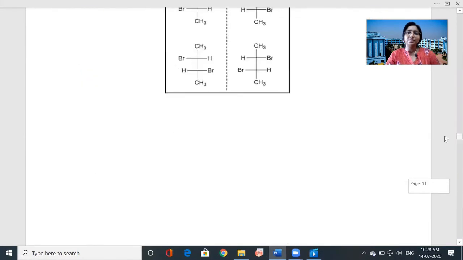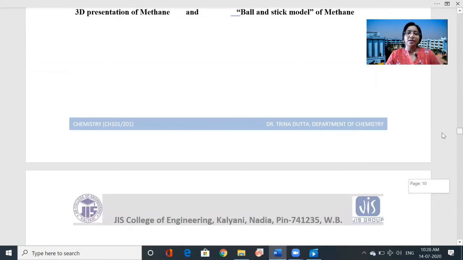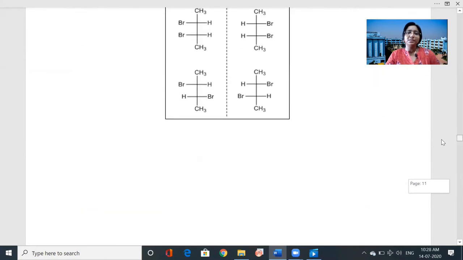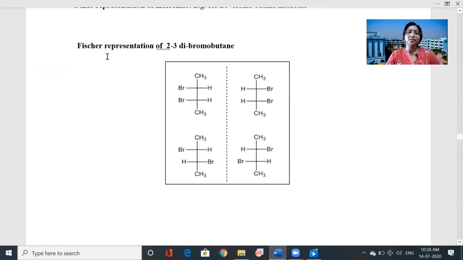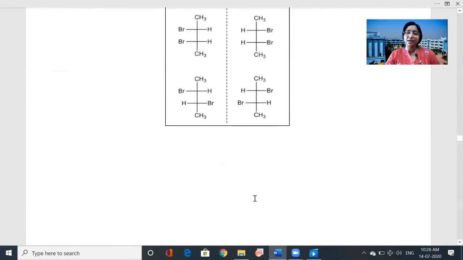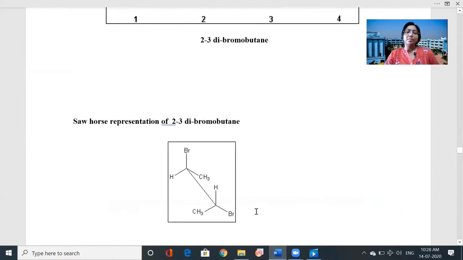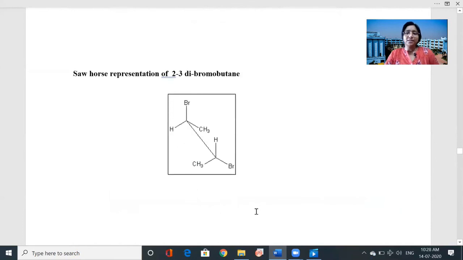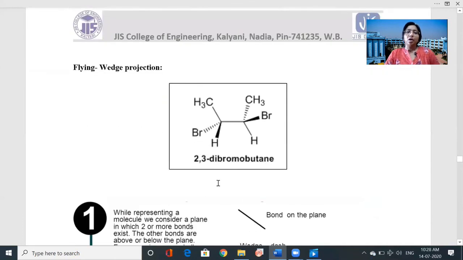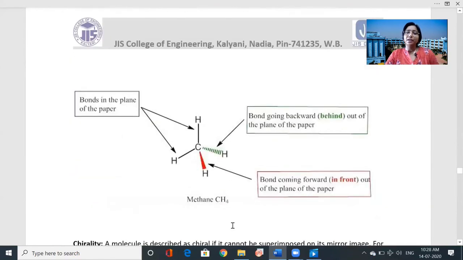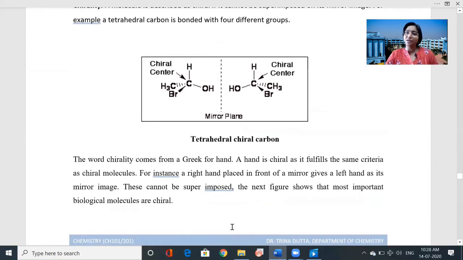You have learned the Fischer representation, the Newman representation, the Sawhorse representation, and also the flying wedge projection. So you have learned different representations of the three-dimensional structure today.